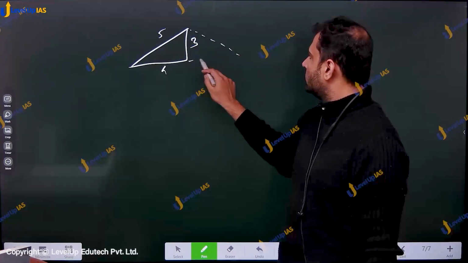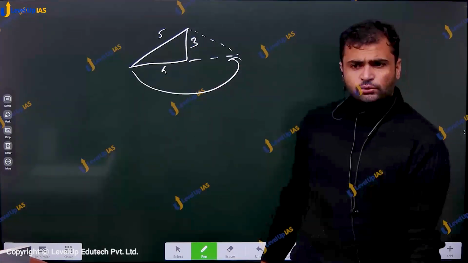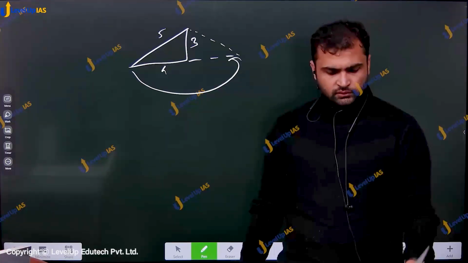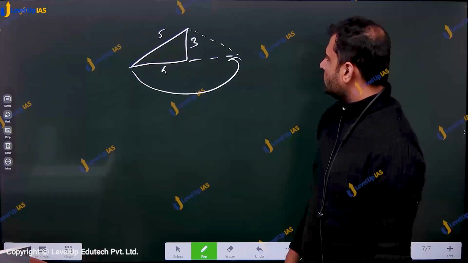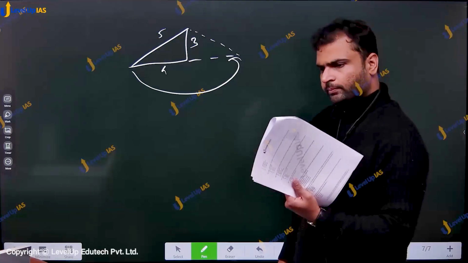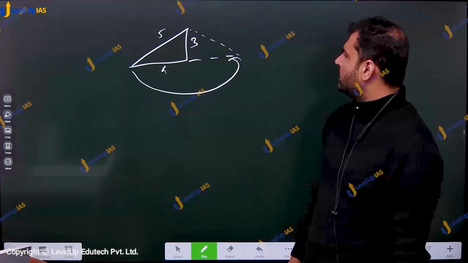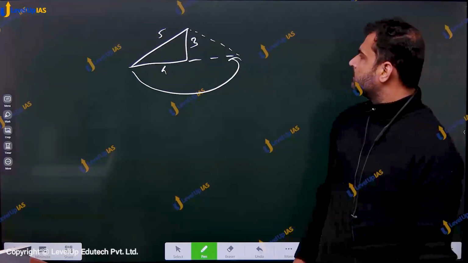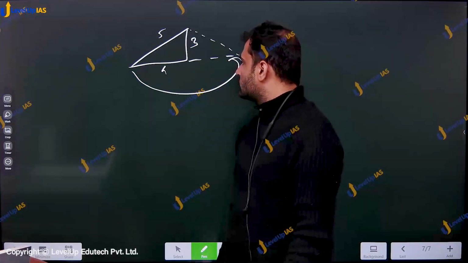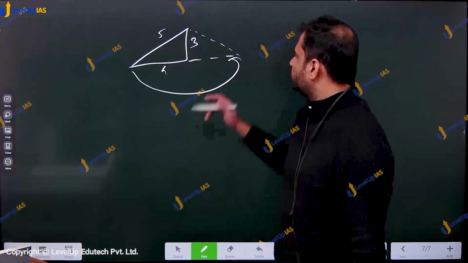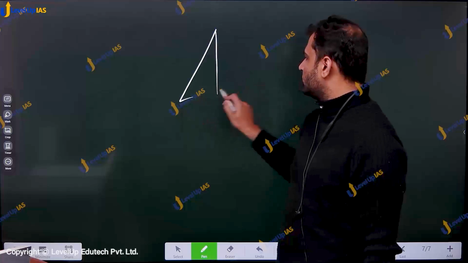हाँ. 4 रेडियस होगा ना. या 3 होगा रेडियस. The side of 3 cm is, yes, yes, that is correct.